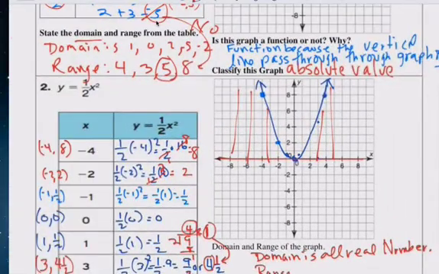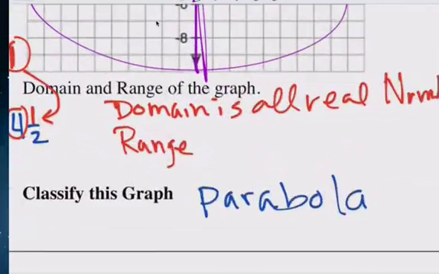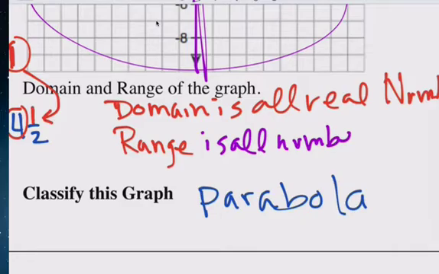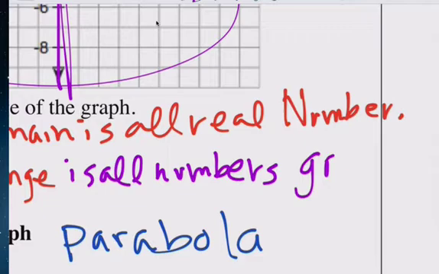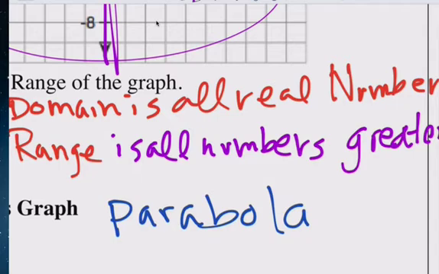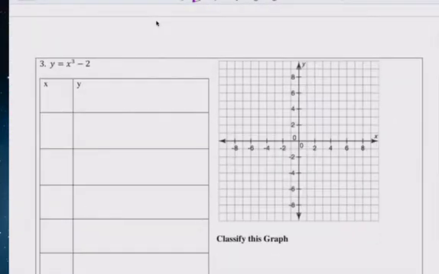That's what y can be. Let's look at y. Well, y can't be down here because there's no graph down here. y starts there. So it starts with 0 and more. So the range is all numbers greater than or equal to 0. Okay?